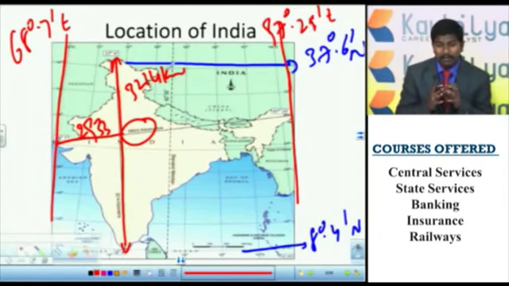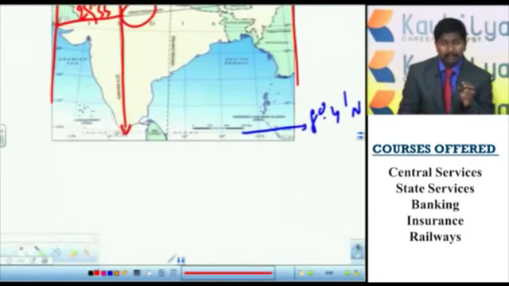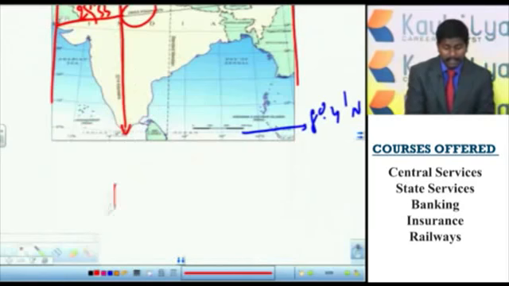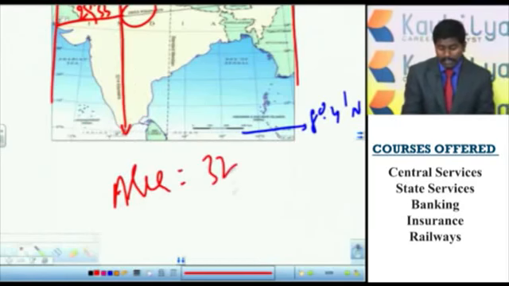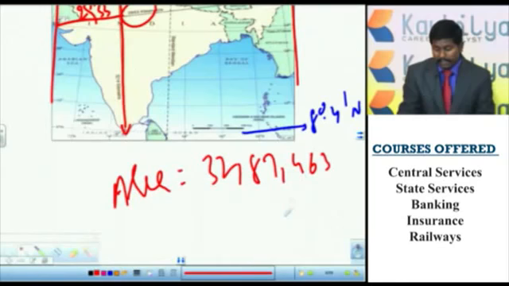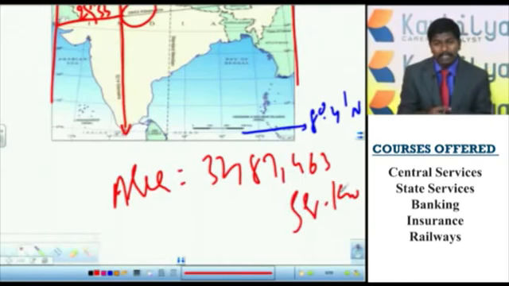So that is how it is one of the largest countries in the world by area. Today the area of this country is 32,87,263 square kilometers.